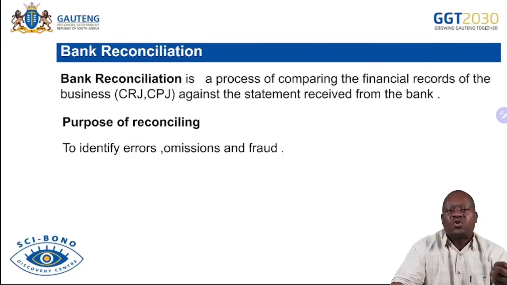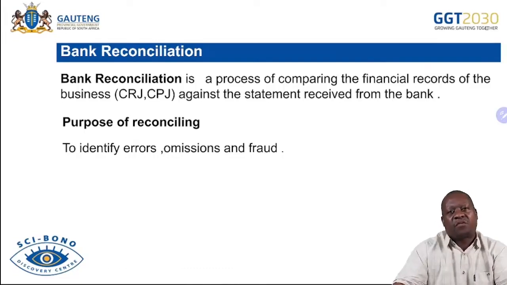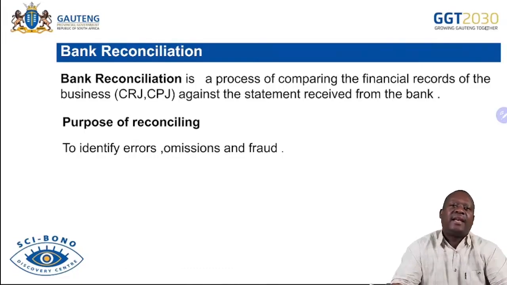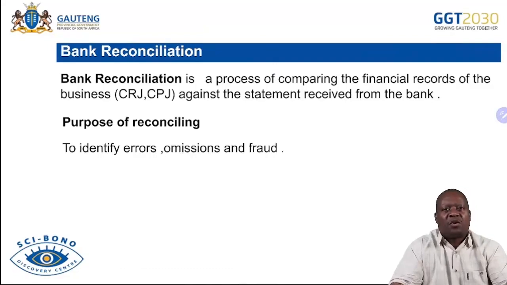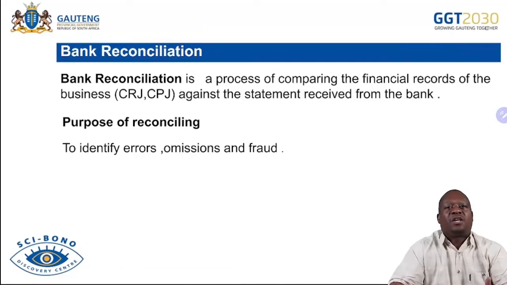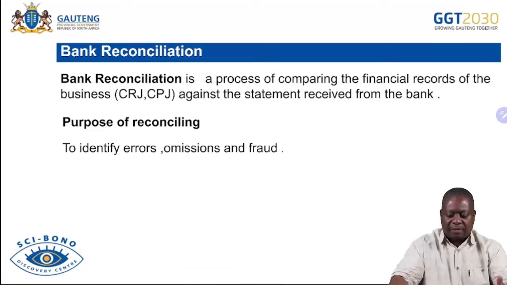And then we also try to identify where there is fraud. Fraud is deliberate manipulation of accounting information, deliberate errors, if there exists such a thing, deliberate mistakes. So these are deliberate actions by employees in order to take something that does not belong to them.